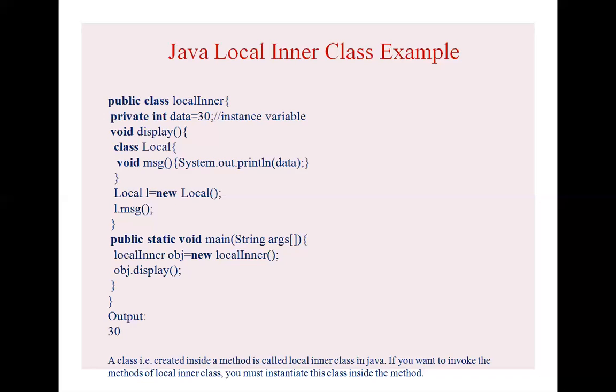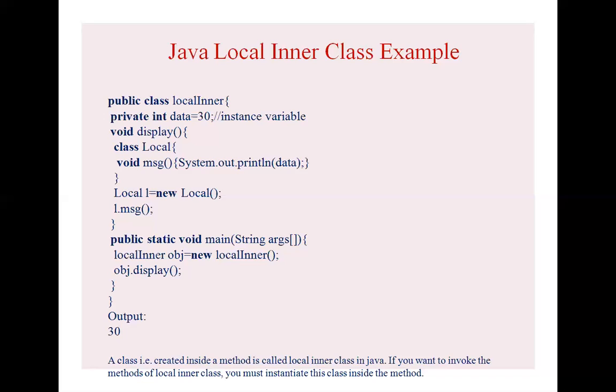In the main function, we create the object of LocalInner: LocalInner obj = new LocalInner(), and using this object obj, we call the display method. So the output of this program is 30.